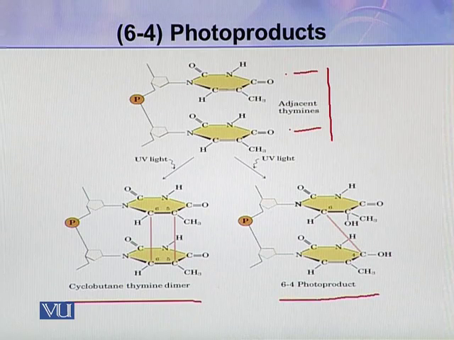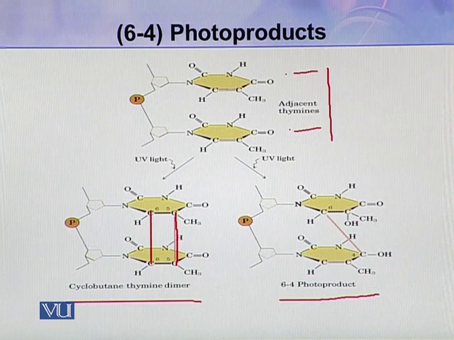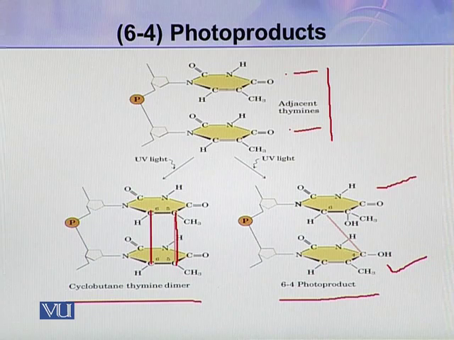In the first case, a dimer is formed and 2 bonds are formed between C5 and C6 atoms of adjacent pyrimidines. But in case of 6,4 photoproduct formation, the bond is formed between the C6 of this thymine and C4 of this thymine.